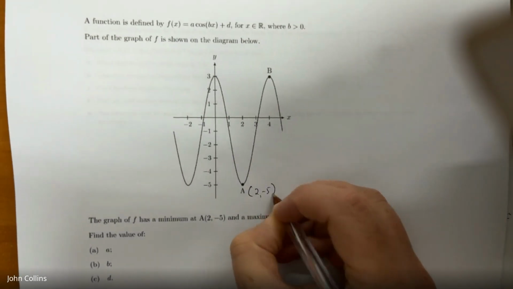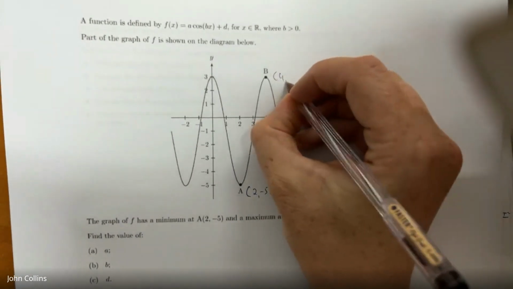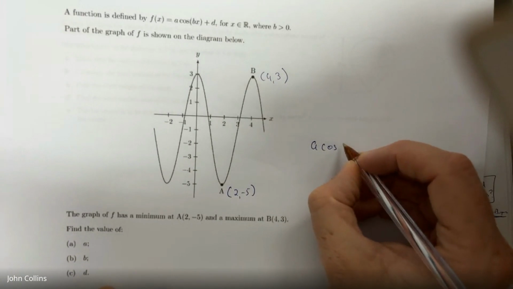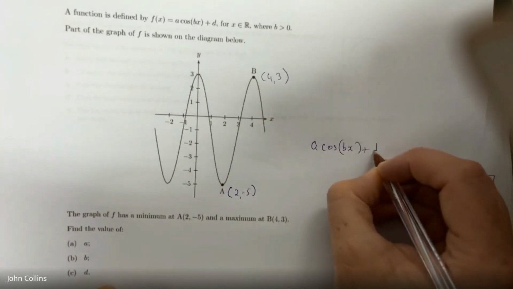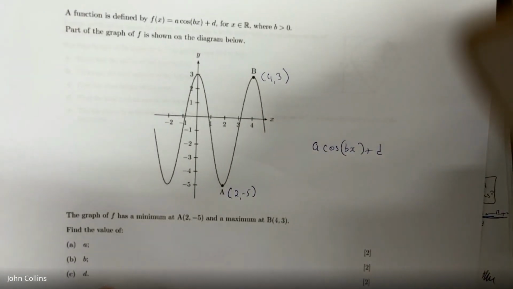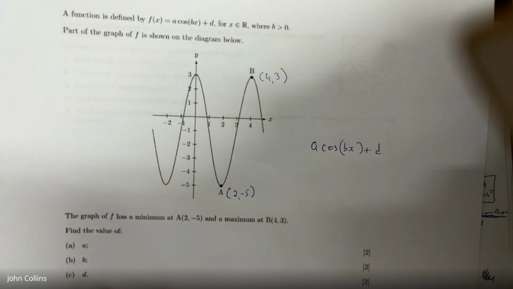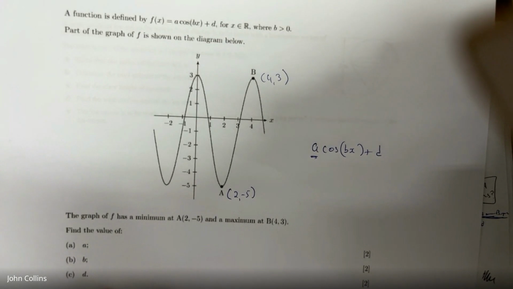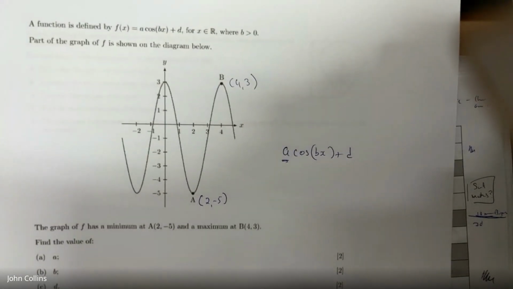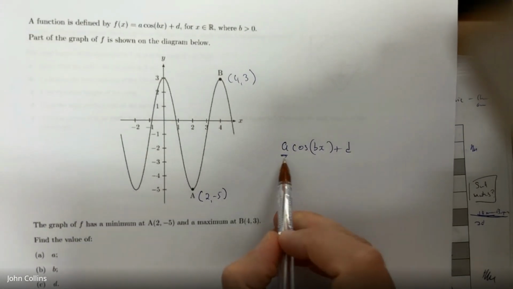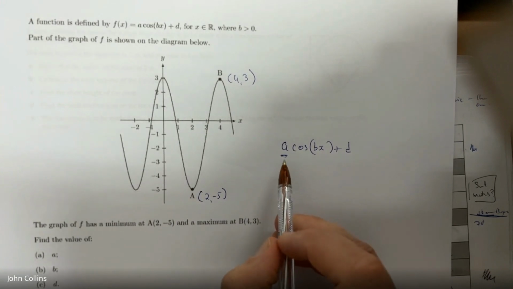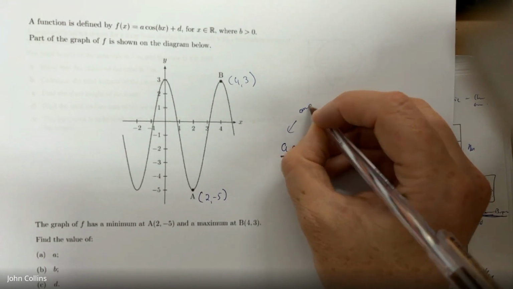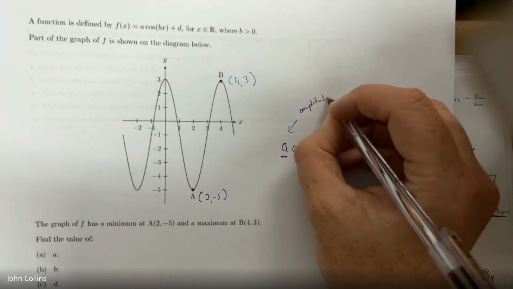2, minus 5 is this point from the question, and 4, 3 from the question is that point. We need to fill in a cosine bx plus d. In general, the number in front, whatever's multiplying in front, affects the amplitude or the vertical stretch.